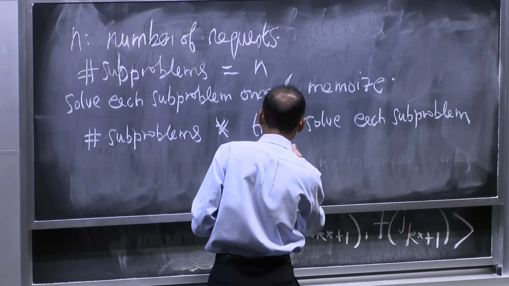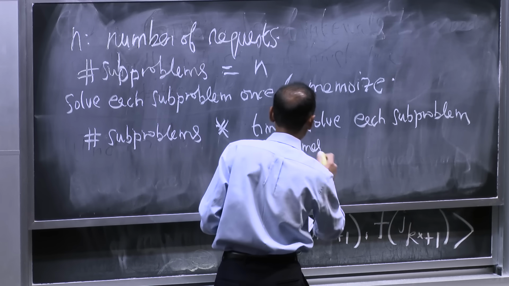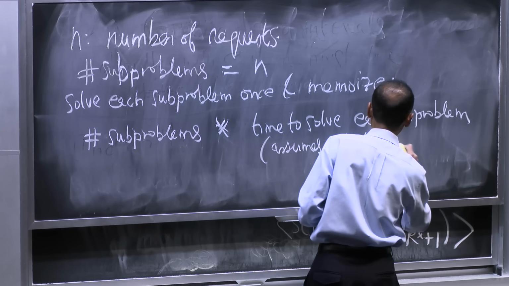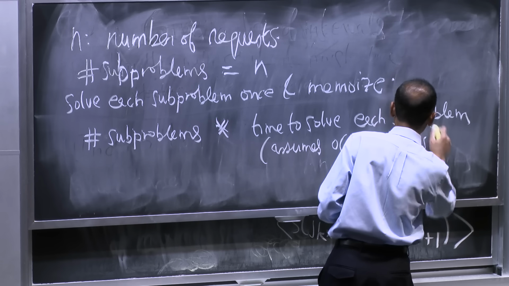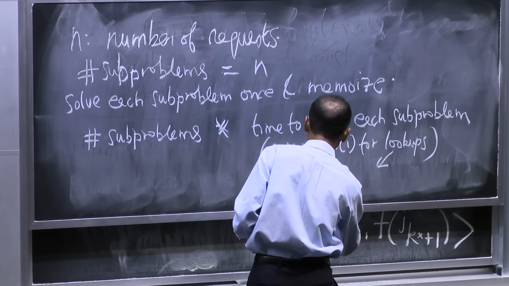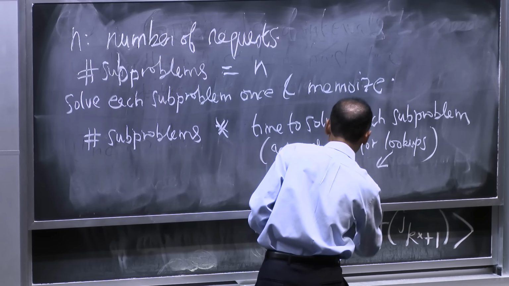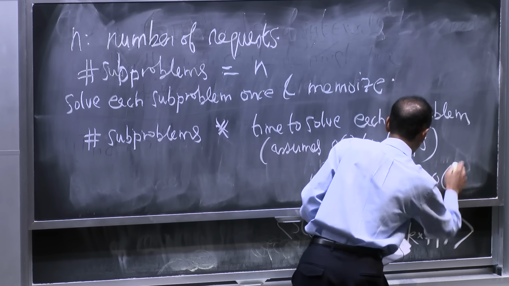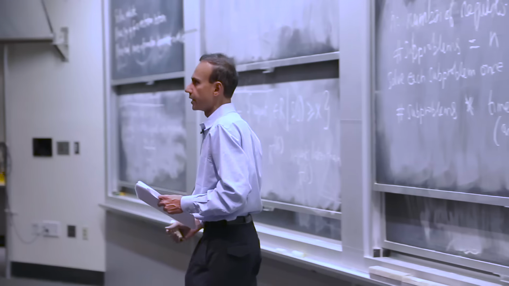And this assumes order 1 for lookups. So you can think of the recursive calls as being order 1, because you're assuming you're doing memoization.